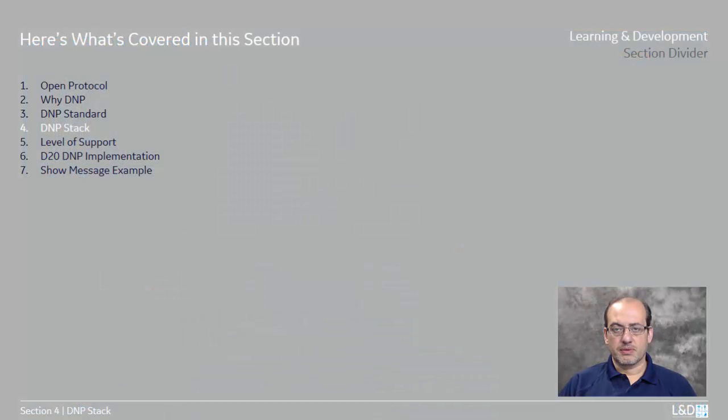Just to gain a deeper understanding of the standard, why don't we take a look at the DNP stack and the contents, how it is built, how the application is laid out, and that maybe will help us understand more of the standard instead of just reading the 1,000 pages in the standard.